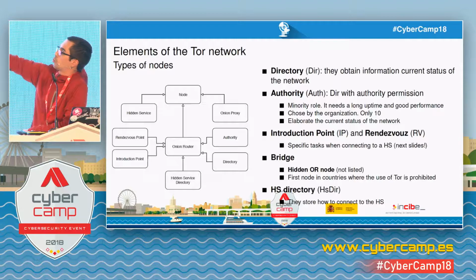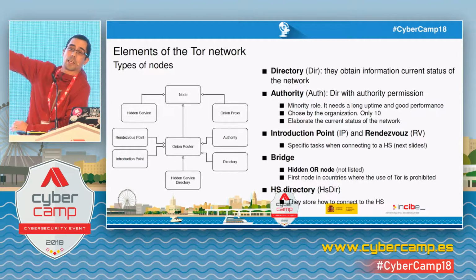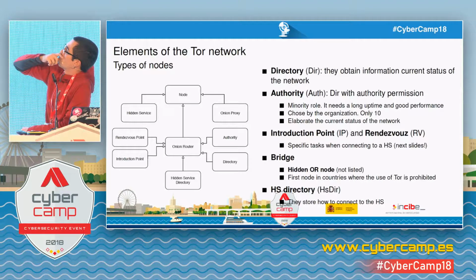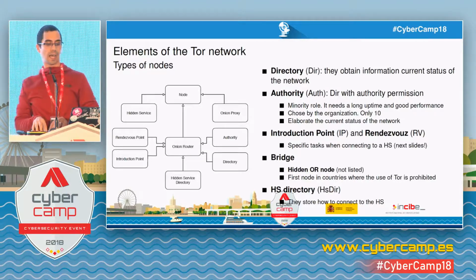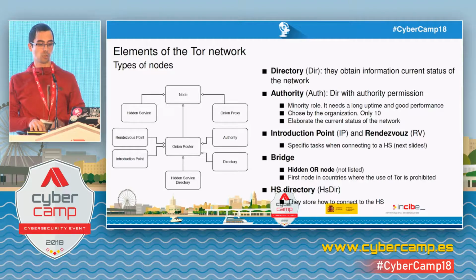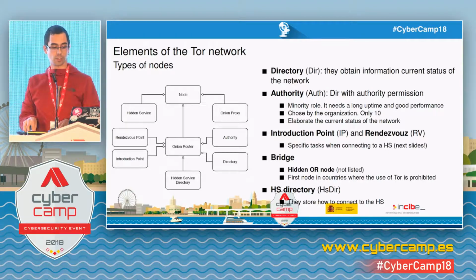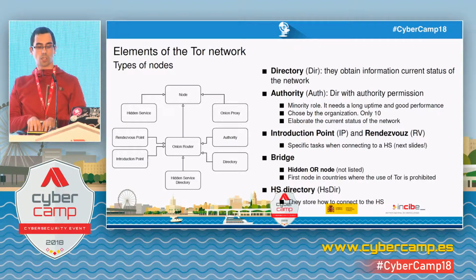Notice that onion routers will be divided in others, so this is a class diagram. And we also have directory nodes. Directory nodes allow me to obtain information about the current status of the network. Then we also have authority nodes. Well, there are only few authority nodes.